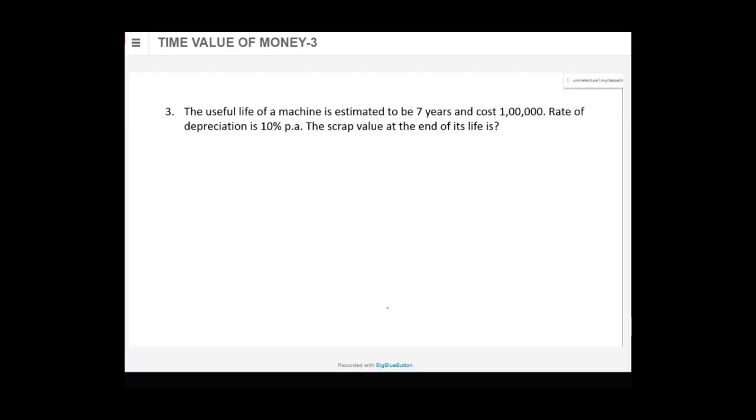It should be almost equal. No, what are you finding out? Scrap value, yes. Scrap value at the end of the life. Okay. So, not this. Next sum. Sorry. Here you have to find out scrap value.